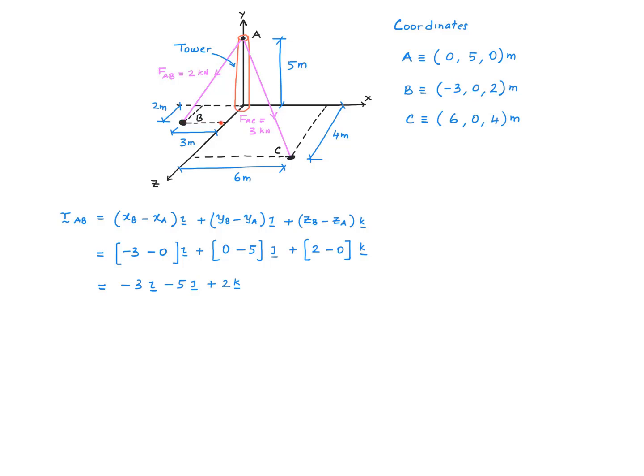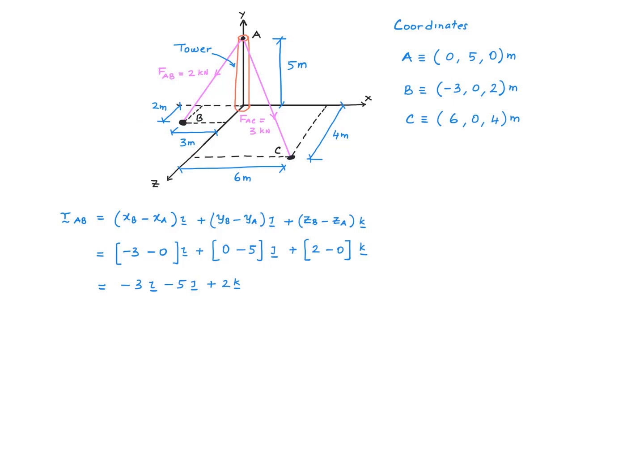The x-coordinate is the distance from the z-axis in the x direction. So you can see that's that distance right there, but B happens to lie on the negative side of the x-axis, and therefore the x-coordinate is minus 3. And the z-coordinate is 2 with a positive sign because point B happens to lie in the positive z direction.